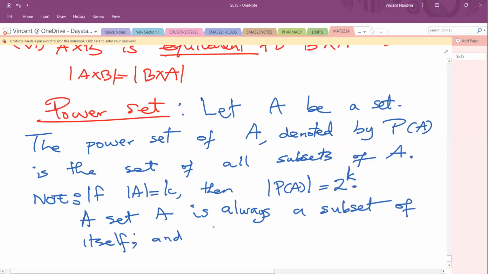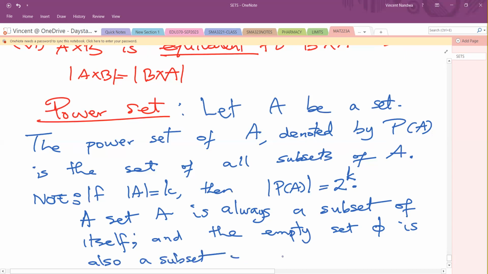And the empty set is also a subset of any set.